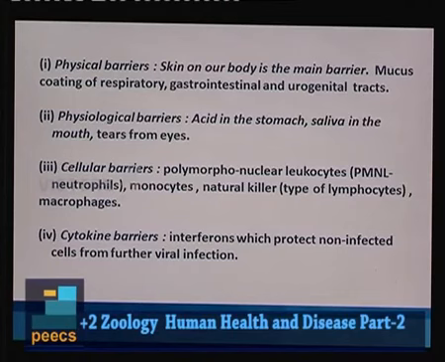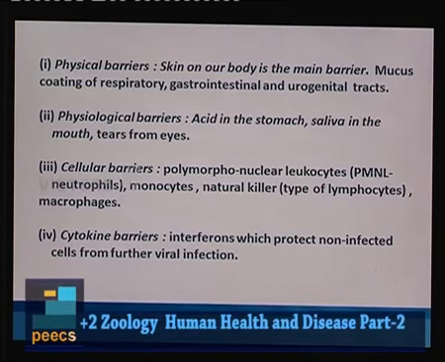Now, coming to cellular barriers. Cellular barriers mean cells as such acting as barriers. For example, polymorphonuclear leukocytes, also known as PMNL, they are actually modified forms of neutrophils.